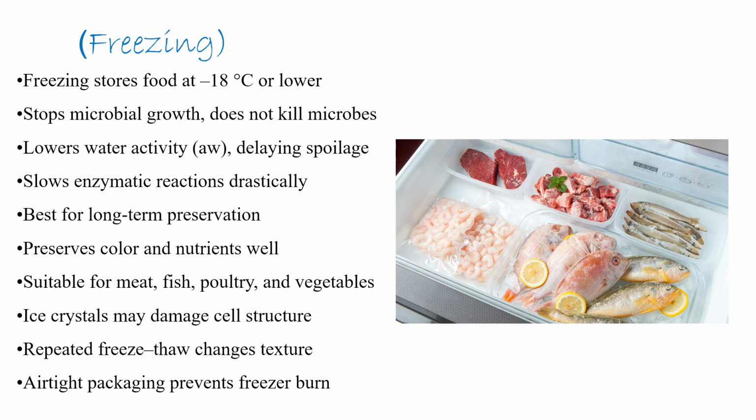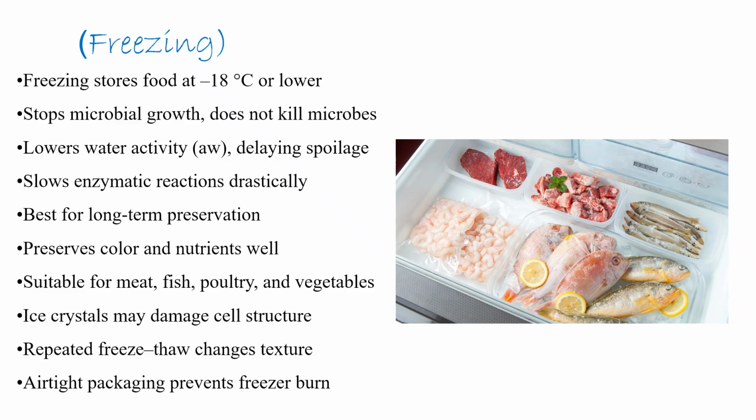And the next method, freezing. In the frozen state, the food is stored at very low temperature. Freezing stores food at minus 18 degrees Celsius or lower. At this temperature, it totally stops or arrests the growth of microbes, but it doesn't kill the microorganisms. When it comes back to the normal state, as usual it gets spoiled like other foods.